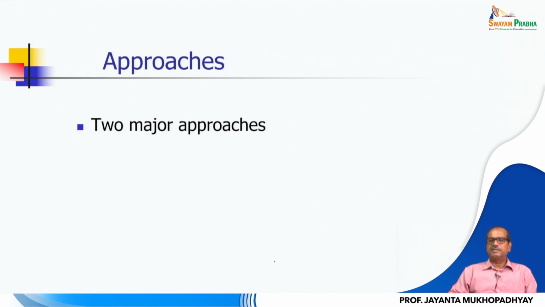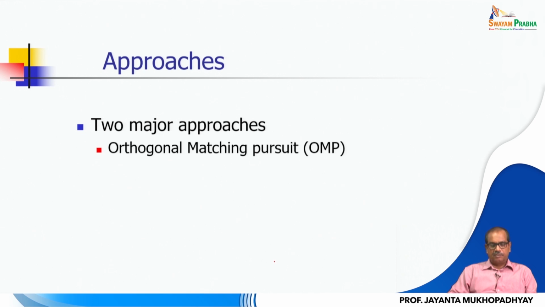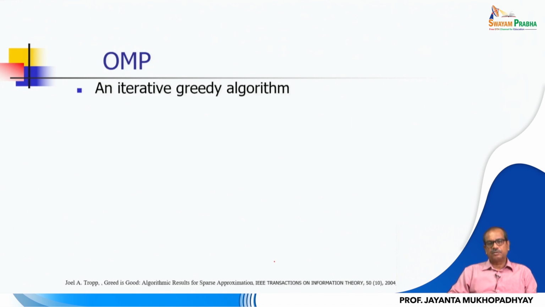So some of the heuristic approaches that we would follow: one, which we will be discussing, is called matching pursuit, in particular the orthogonal matching pursuit technique. The other one is the basis pursuit technique. We will be mostly detailing the orthogonal matching pursuit technique.